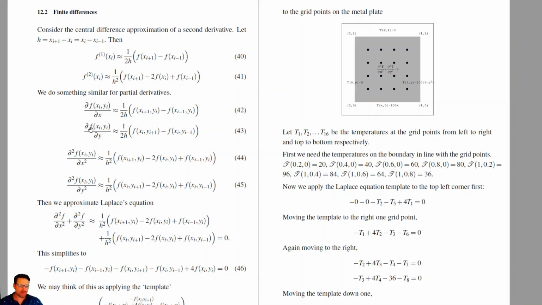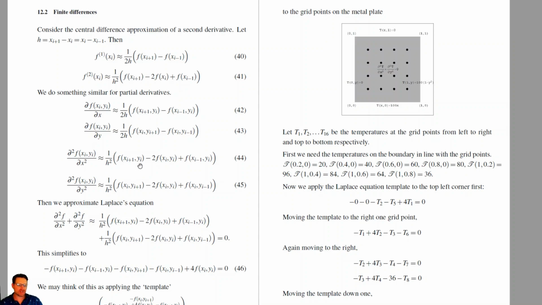Okay, now something very similar for the partial derivative approximation of f with respect to y. We step ahead in the y value and behind in the y value, take a difference, divide by 2h. Now similarly, we can just use this equation 41 for the second partial derivatives as well.